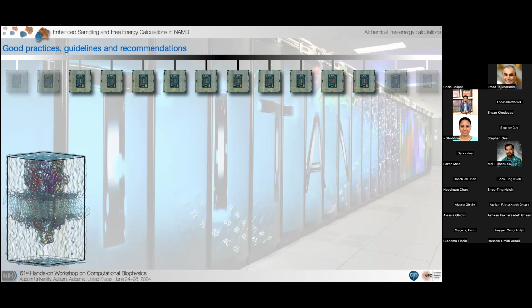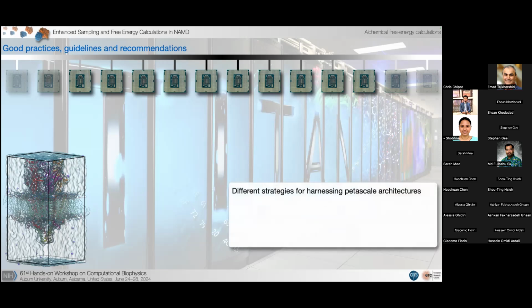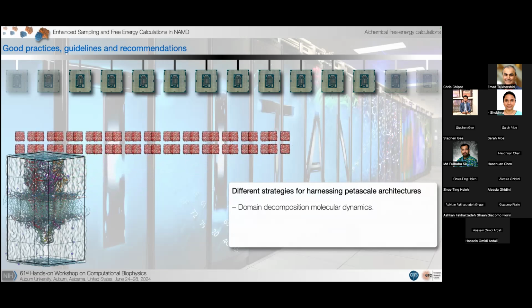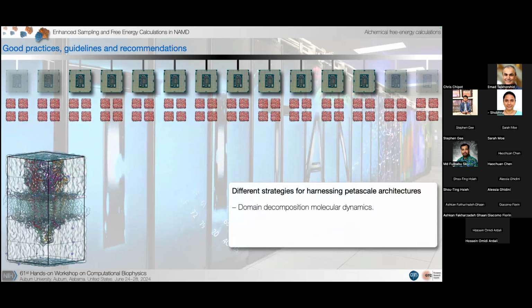What we do in NAMD, and that's the history of NAMD, is to do well on large arrays of computer nodes, so we use domain decomposition. This means we're splitting the simulation cell into a large number of patches.